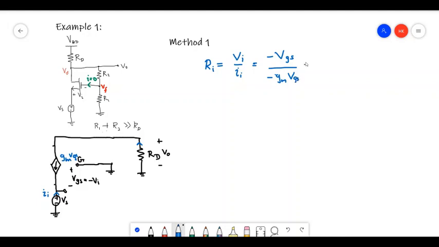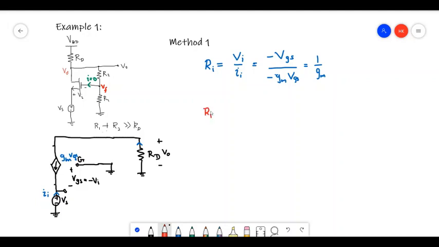Therefore the input resistance of the open loop system is 1 over GM. So using this we can calculate the closed loop input resistance.